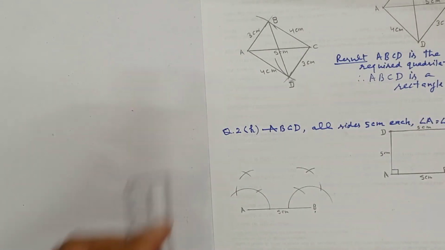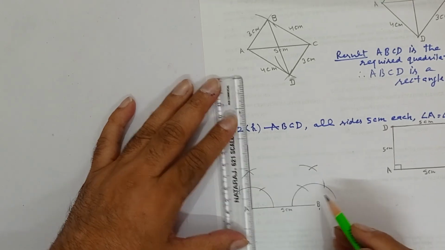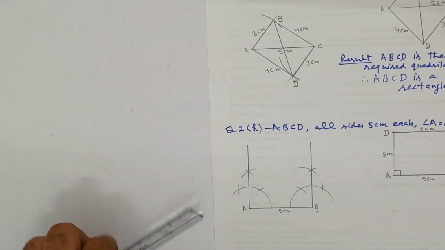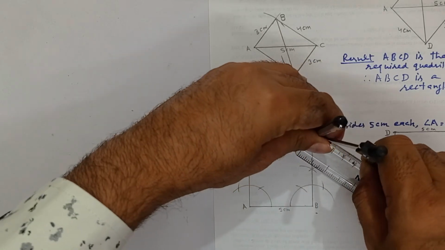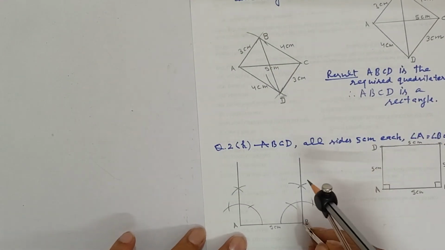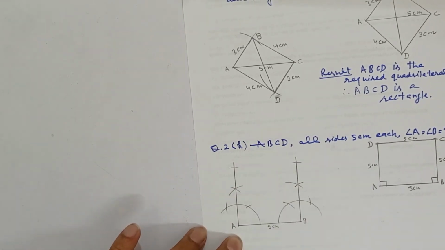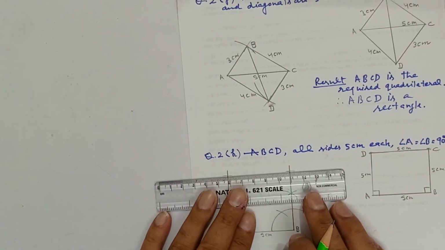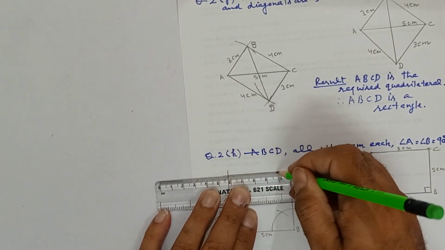Now extend it. This side also. Now 5 centimeter arc you are to cut from A as well as B. So keep the compass tip here. This is 5. Keep the compass tip here. This is 5. And join these 2 point arcs. You join this way.